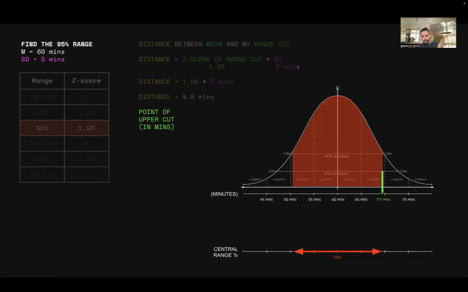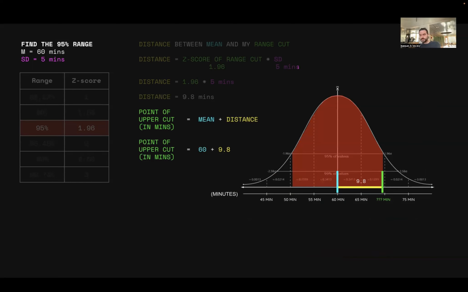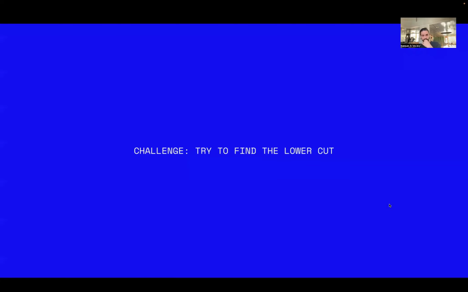The point of upper cut, and these are words that I'm really trying to make up, maybe your teacher uses different words, but the point of upper cut, the upper limit they might say, is we need to find that out in minutes. That's what we're trying to find. So it's going to be equal to the mean plus the distance, right? So 60 plus 9.8, which gives us 69.8 minutes, okay? This is the upper limit, the point of upper cut in minutes, okay?